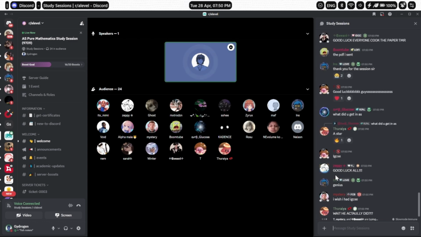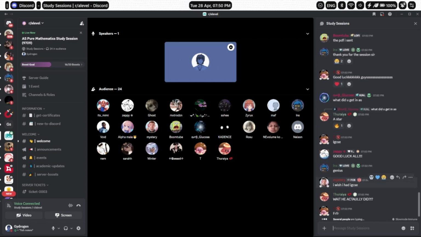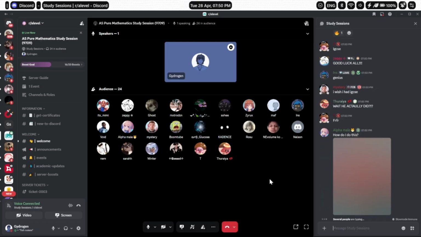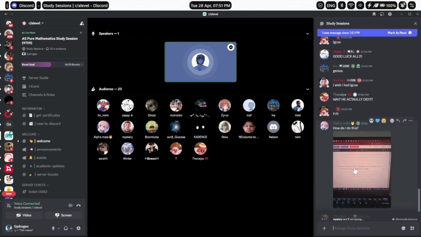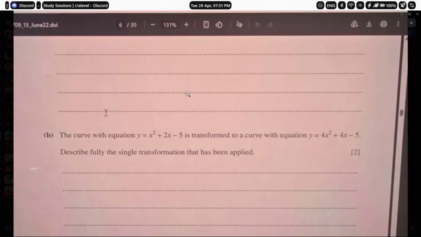Any doubts? A lot of people were asking doubts before. Wait, how do I do this? The curve with equation x squared plus 2x minus 5 is transformed to a curve with equation 4x squared plus 4x minus 5. Okay, so just focus on the 2x term in the original equation.